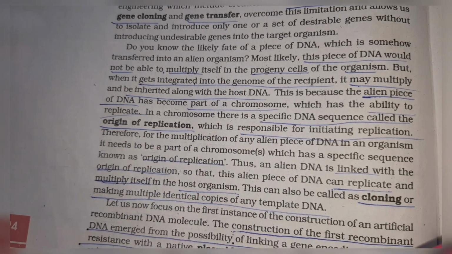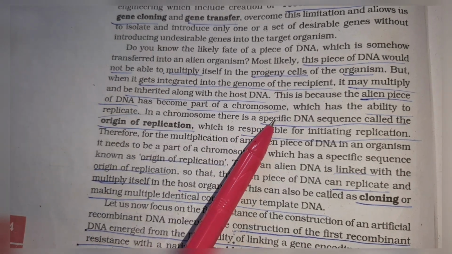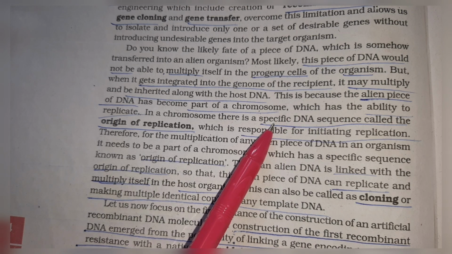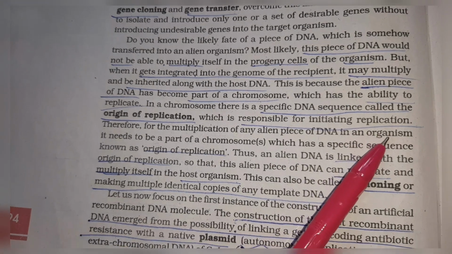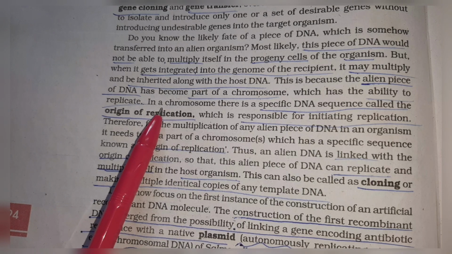This is because the alien piece of DNA has become part of the chromosome, which has the ability to replicate. Obviously, a chromosome has the ability to replicate, and in this process, the whole alien DNA also replicates.